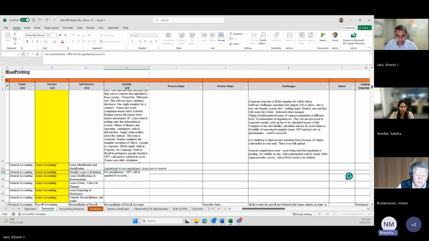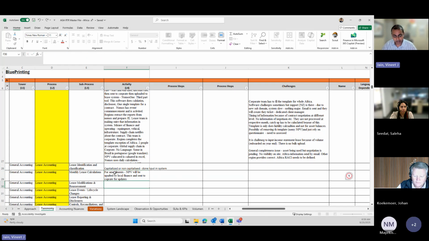And the control around that is the same as when there is an initial lease. Okay. So our role is just to receive the template and update it. But for Africa, we are doing both, right? Correct. Okay.